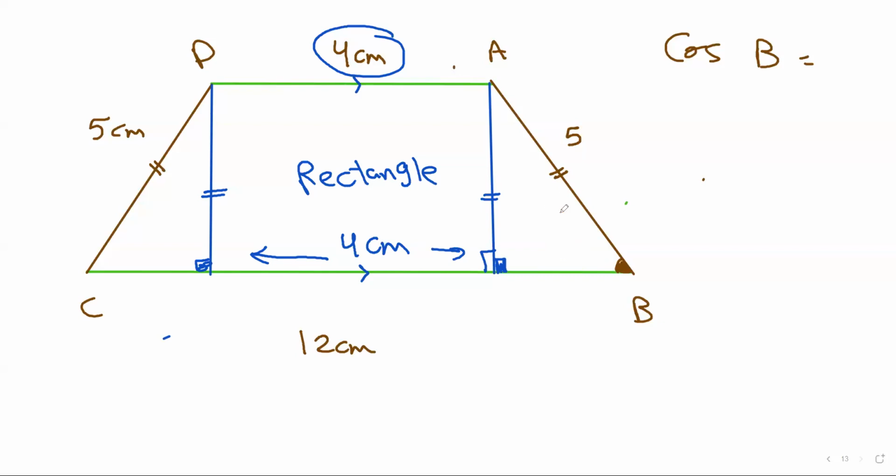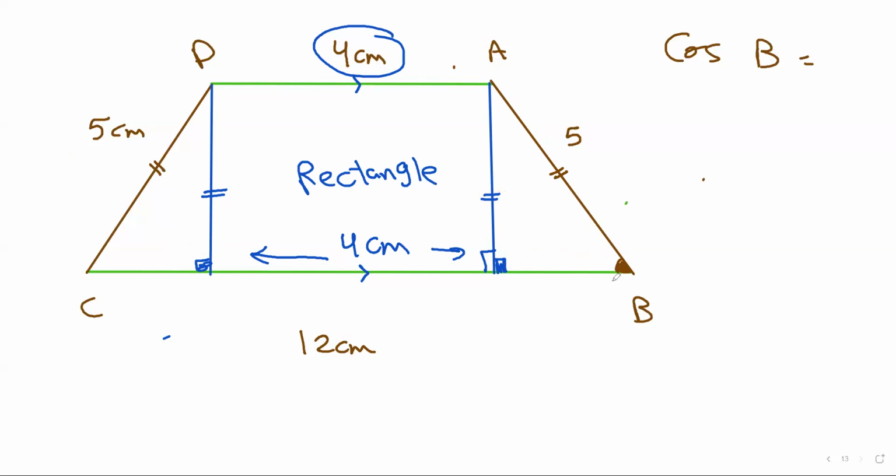Because here we have the hypotenuse, and here is the hypotenuse. They are equal. This side here is equal to this side, and this angle here is right, and this angle here is right, and this side here is equal to this side. So which case? RHS, and here RHS. So the two triangles are congruent.